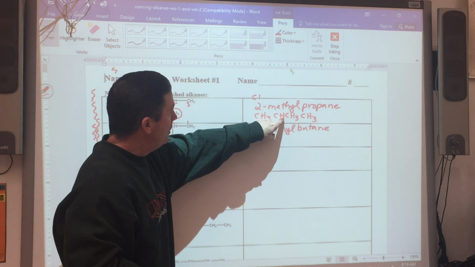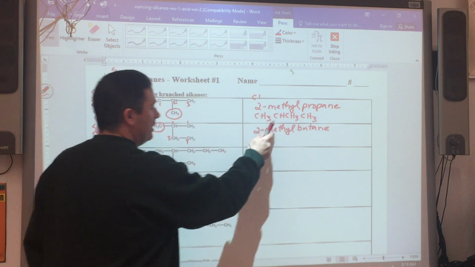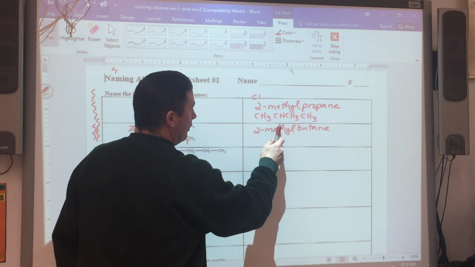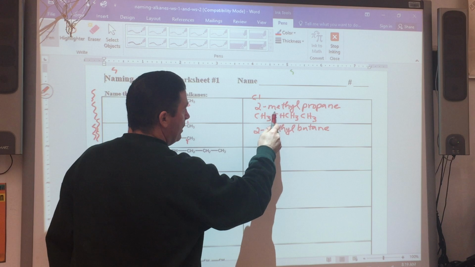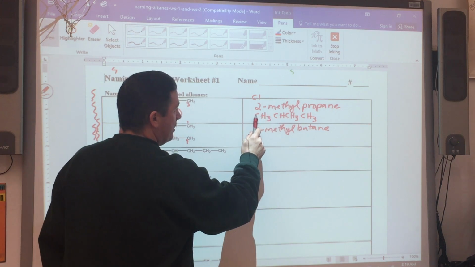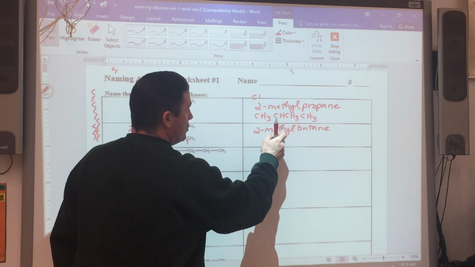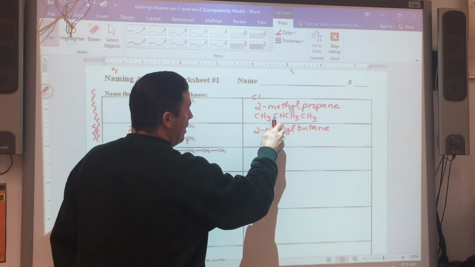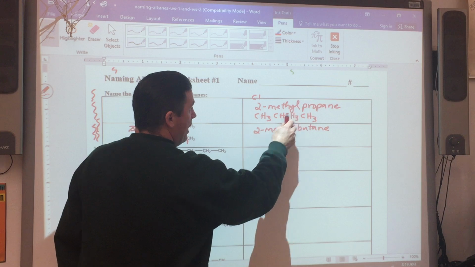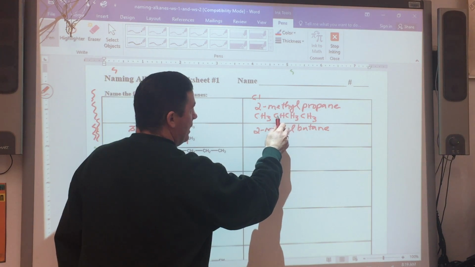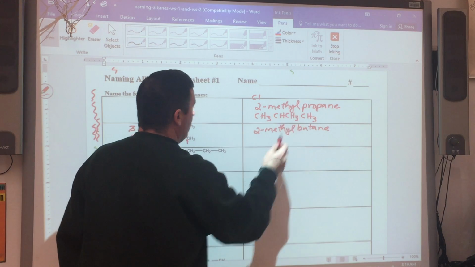Now since there's only one H attached to it, it has to have 4 bonds around it, right? So that means that that carbon is bonded to that carbon. That carbon is bonded to this hydrogen, there's 2. That carbon is bonded to this methyl group, that's 3. And then this carbon is bonded to that one.